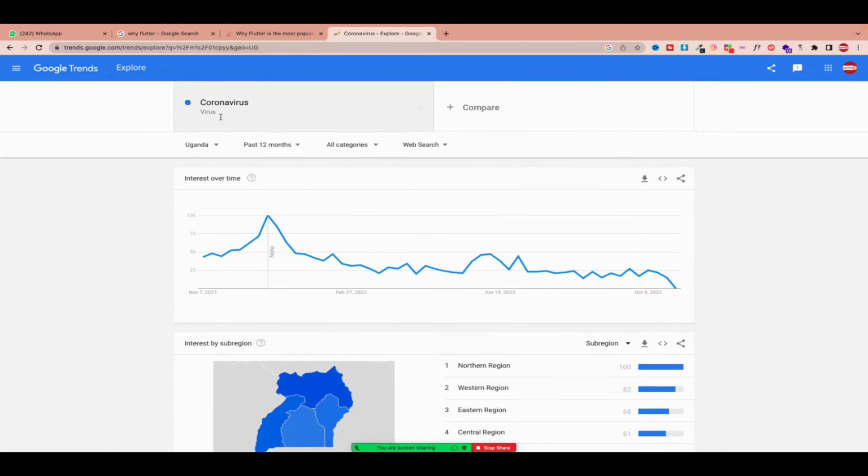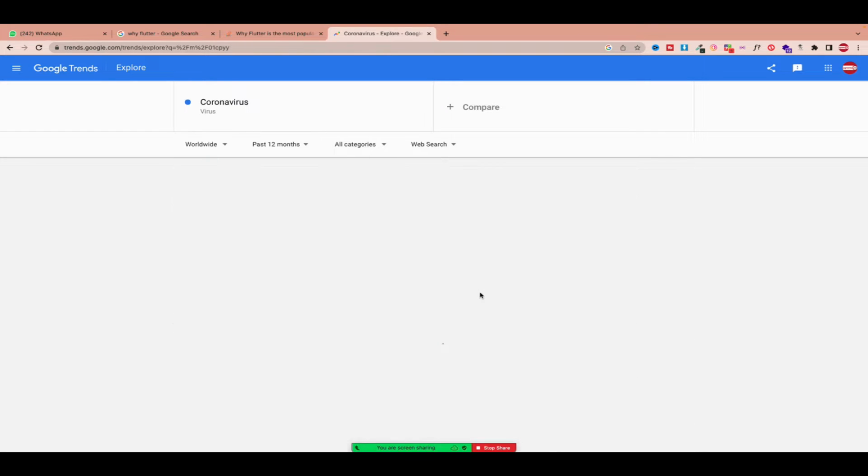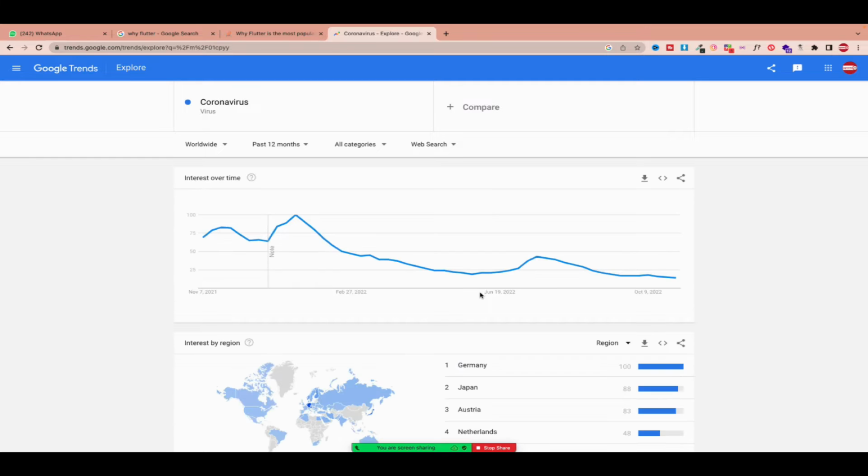So I've just searched coronavirus. Now you can see I'm targeting Uganda only, so in here they're going to show me the results for Uganda only. If I say I want worldwide, it means they're going to get the result according to the whole world. The graph of Uganda and the graph of the whole world are almost the same. If I come here to period, I can say maybe in the past hour, how have people searched coronavirus in this particular hour?